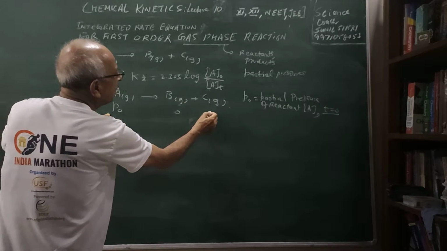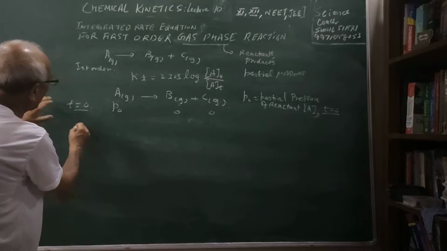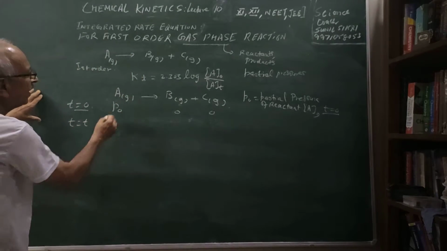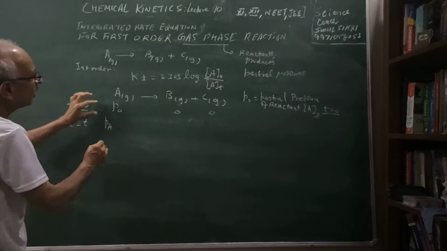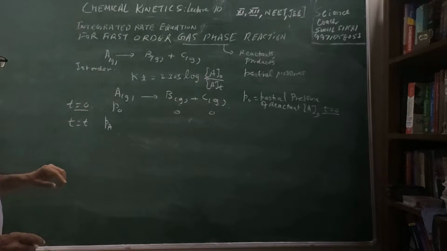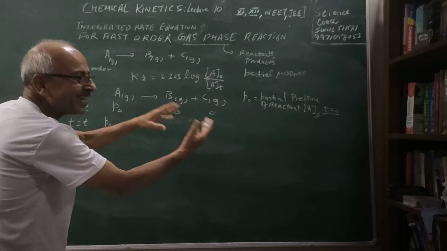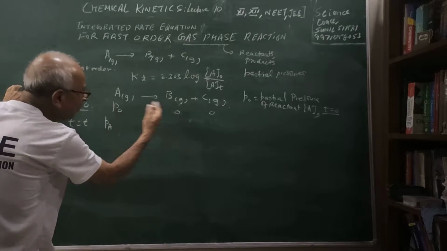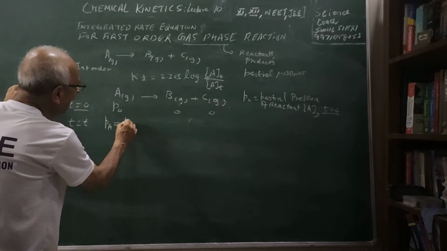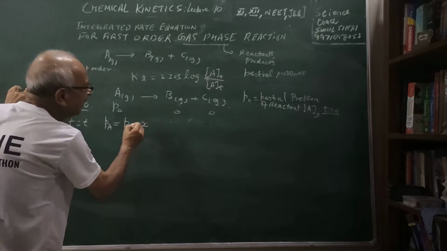At the beginning the products are 0, but after time t there will be some pressure Pa. That means some amount of P0 has reacted. Supposing X is the amount which reacts, so Pa is equal to P0 minus X.